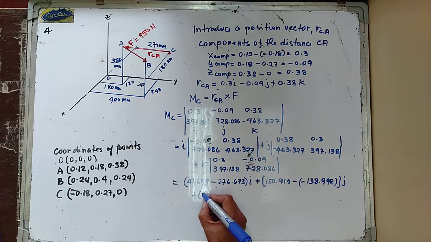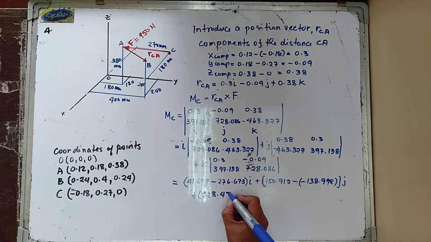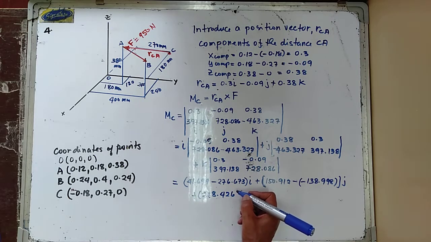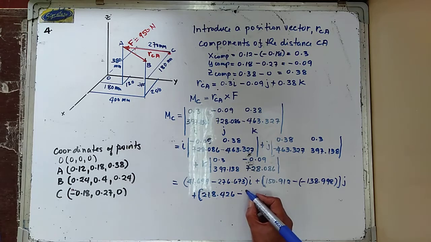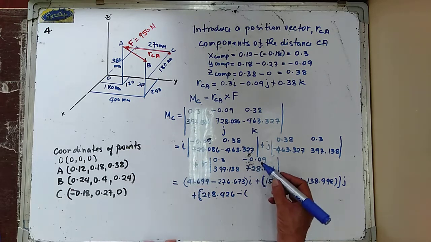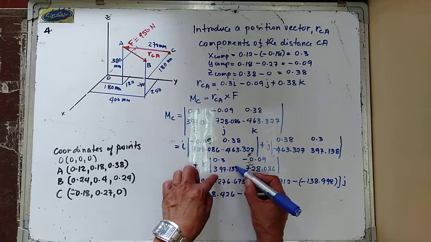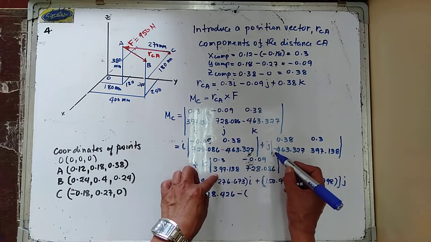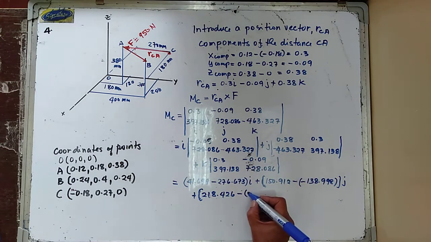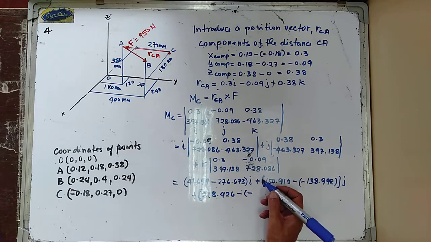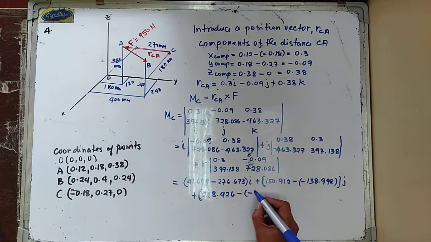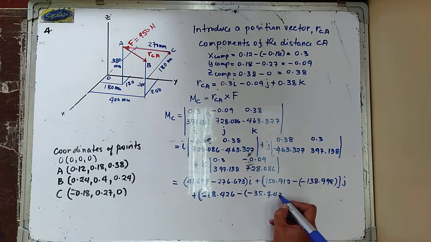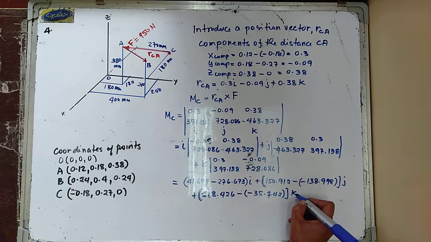That is 218.426 minus, so we have 397.138 by negative 0.09 is negative 35.742. And this is now your K.